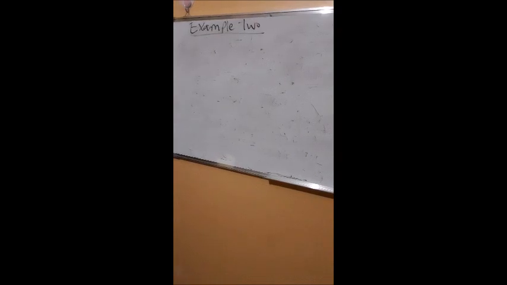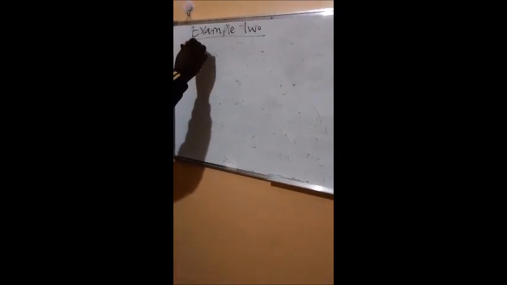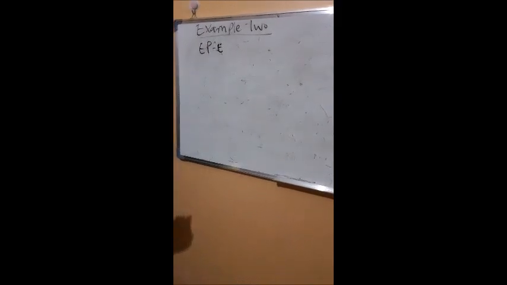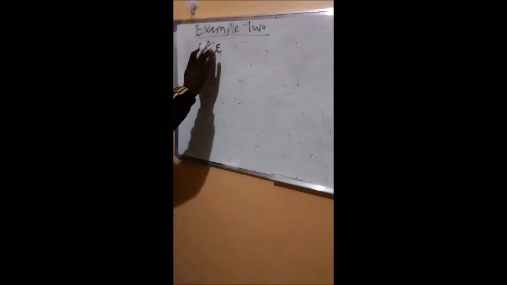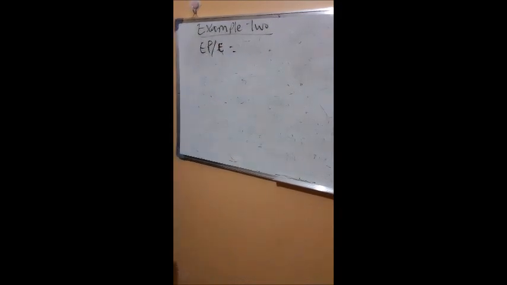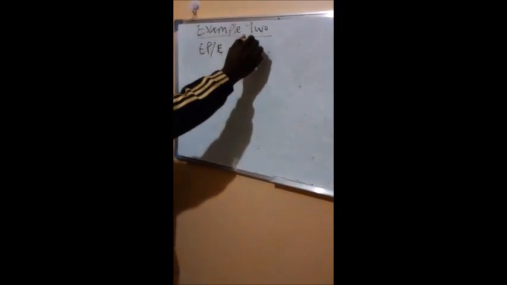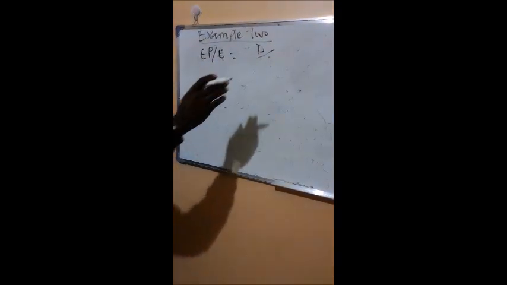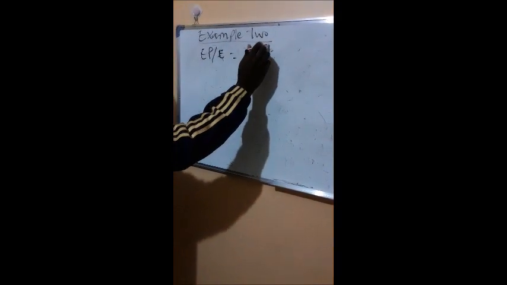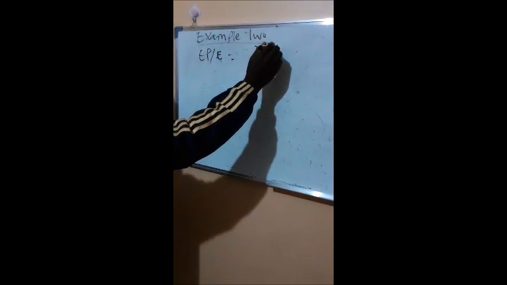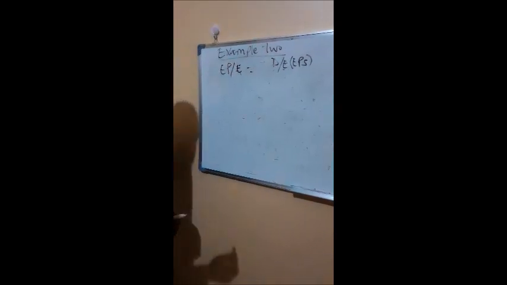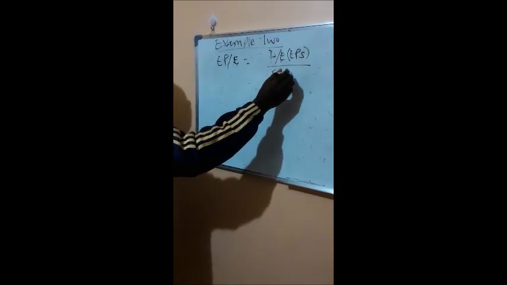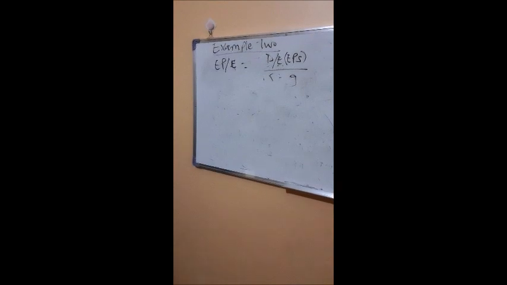Now the expected P/E ratio is equal to the dividend payout ratio divided by the expected earnings per share, all of this adjusted by r minus g.